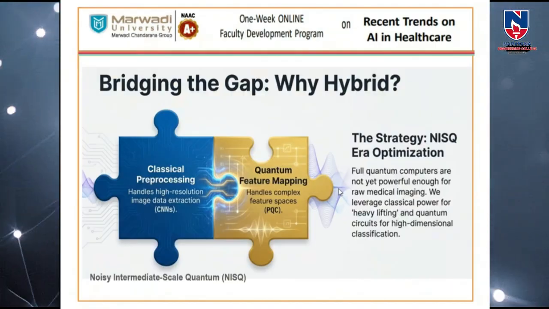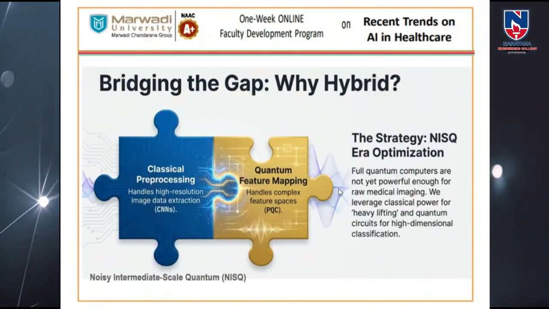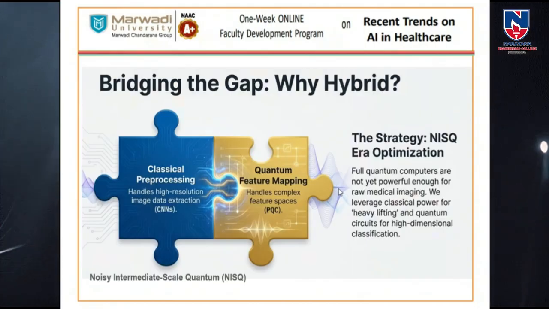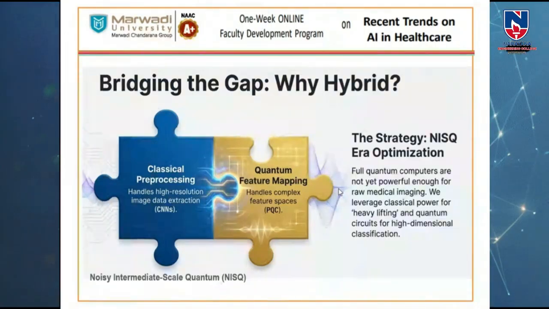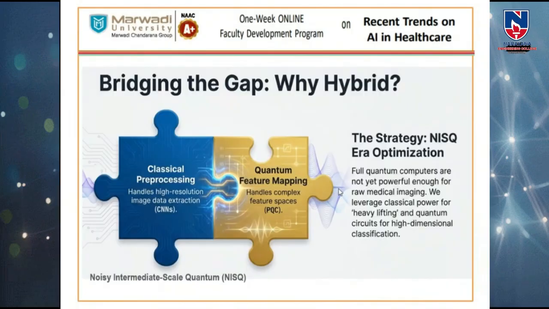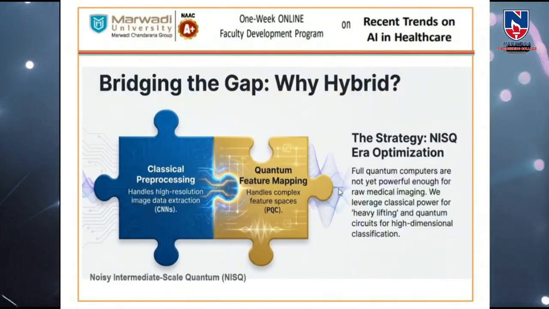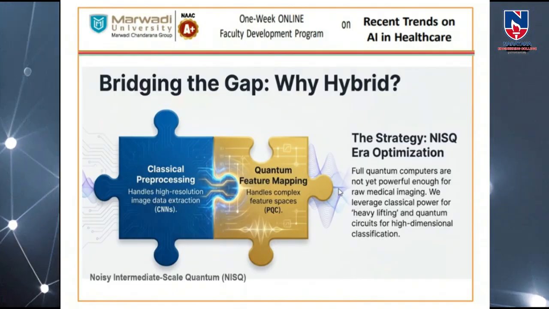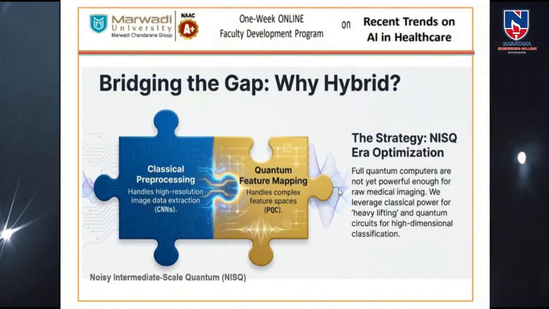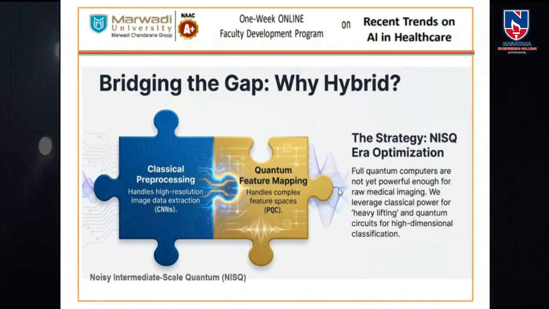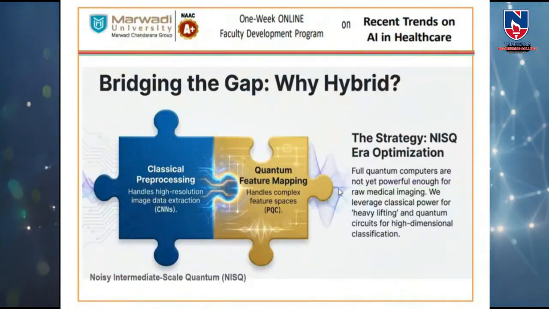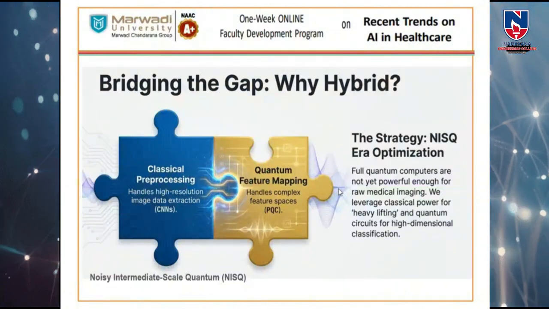This step ensures scalability and stability. On the other hand, the quantum part operates on these reduced feature embeddings. Quantum circuits provide high-dimensional representational capacity, enabling complex feature interactions and potentially richer decision boundaries from a classification point of view.